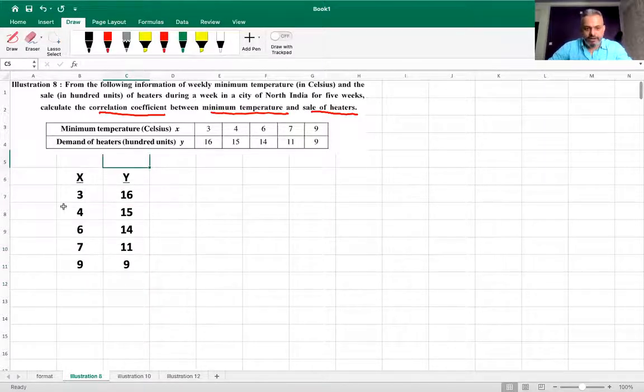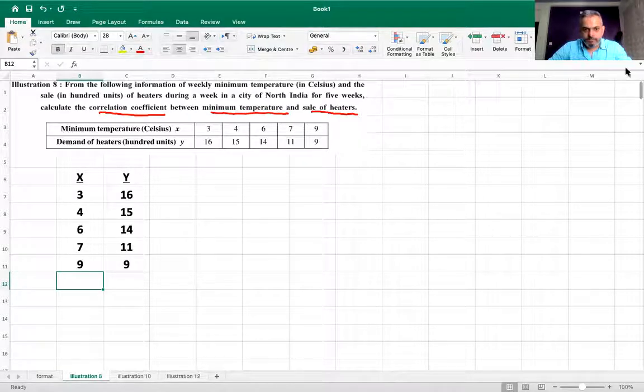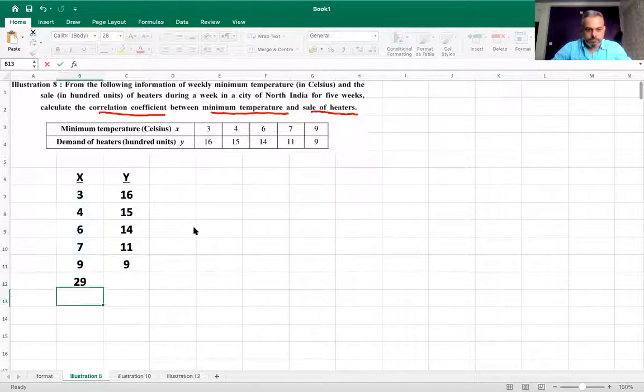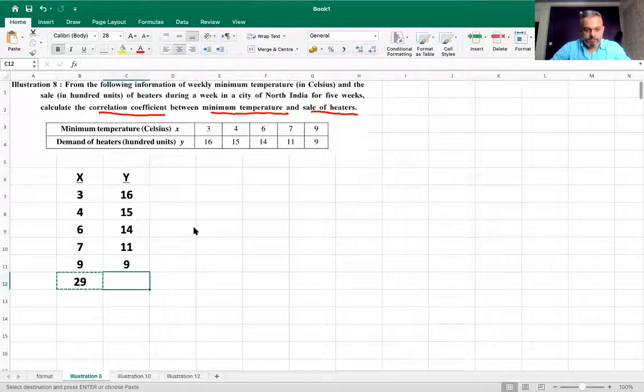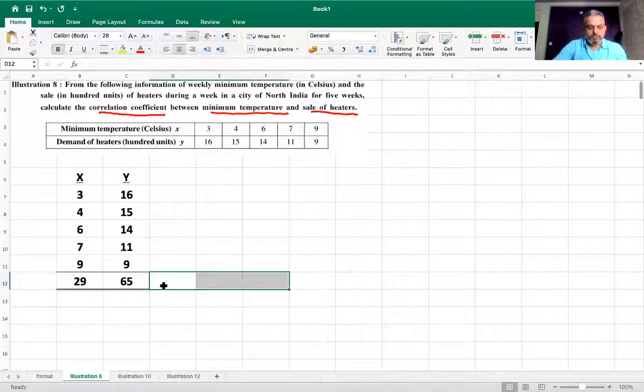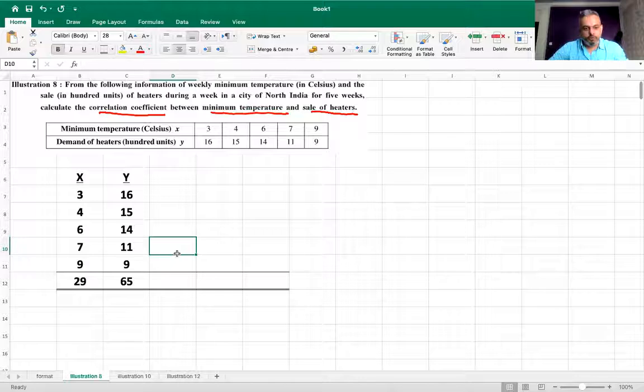So first write the numbers and do the totals. So the totals come to 29 and 65.